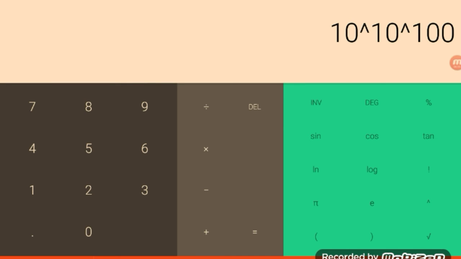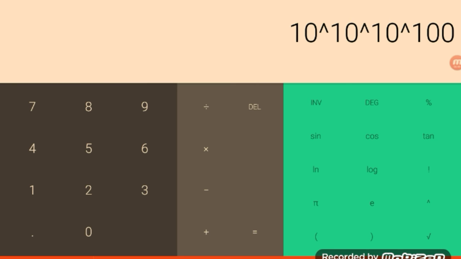This number is called a googolplex, and an even larger number, 10 to the power 10 to the power 10 to the power 100, is called a googolplexian, and it is much larger, and you cannot simply solve this number.